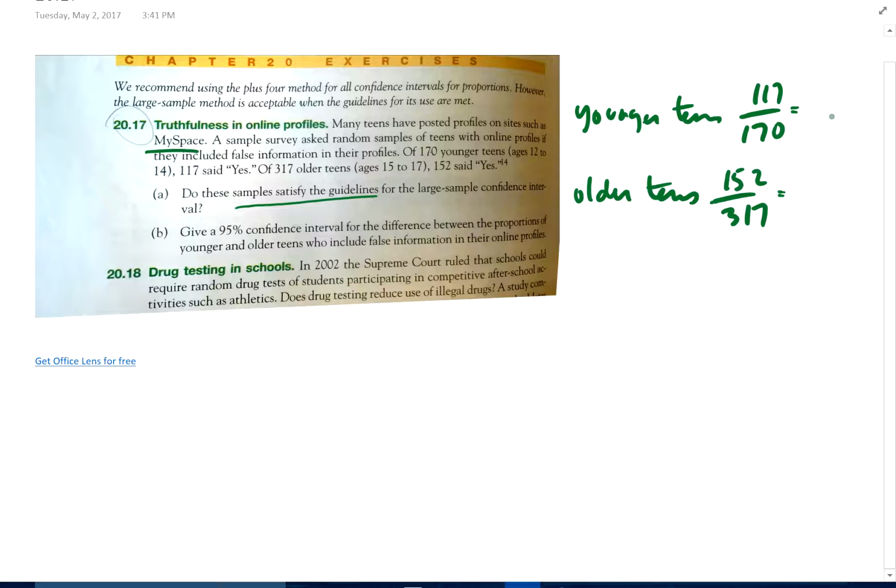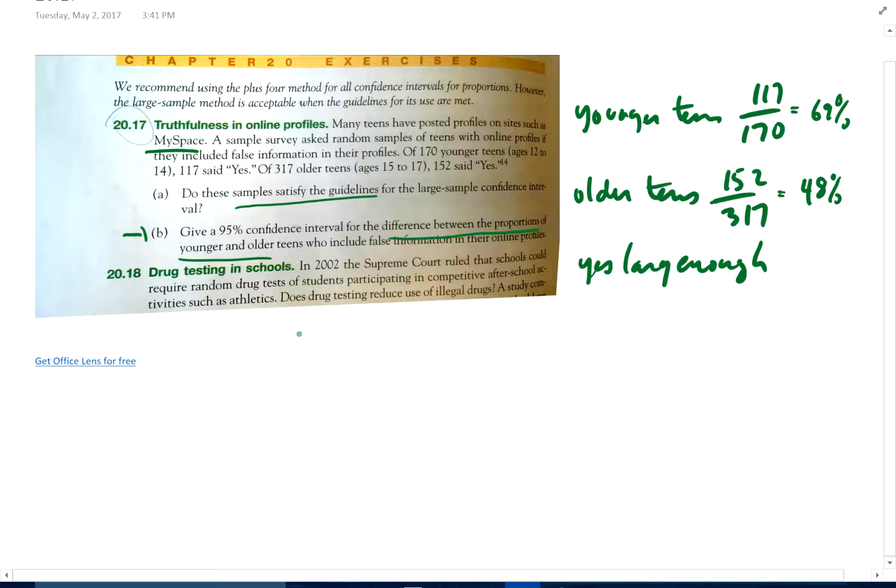We've got 69% of the younger teens, and 152 divided by 317, 48%. Are these samples going to be large enough? And the answer is absolutely yes. Large enough to continue.